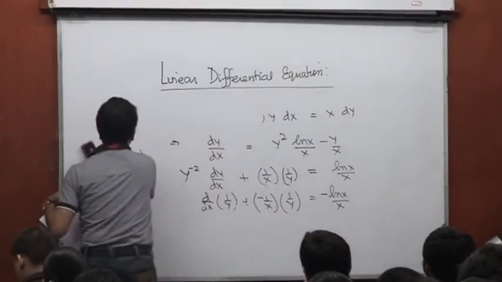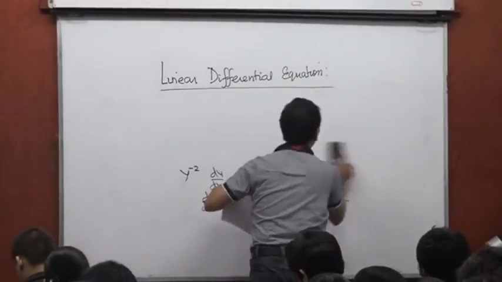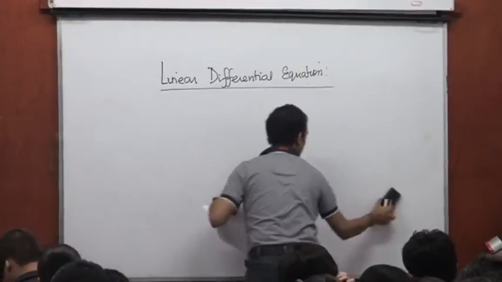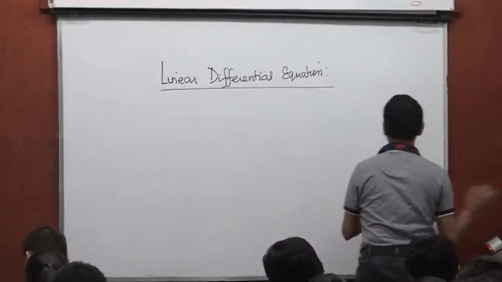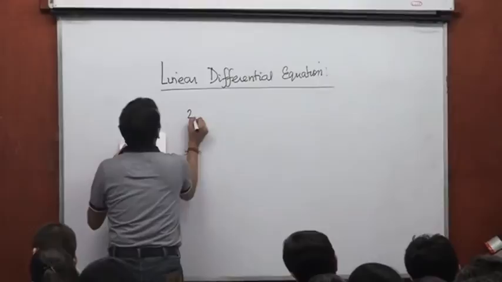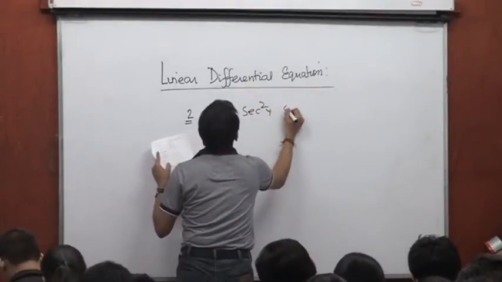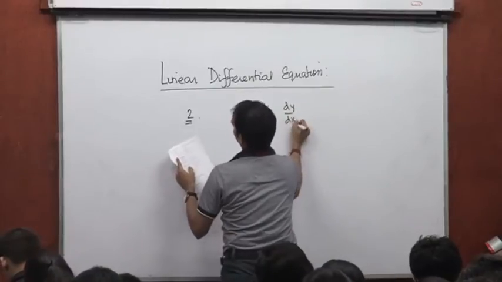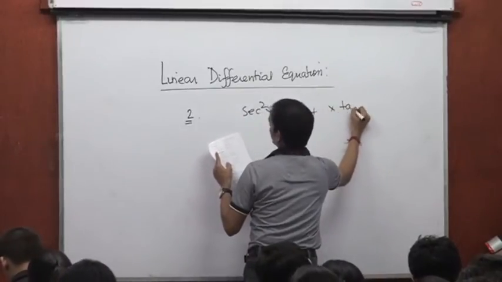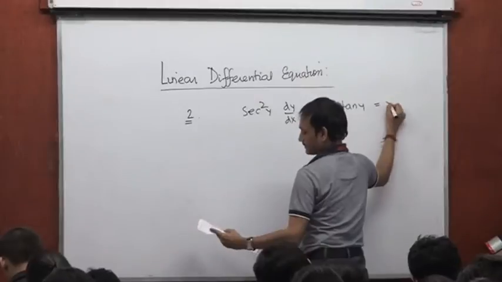Let me just illustrate one more on this. Problem 2: sec squared y dy/dx plus x tan y is x cubed.